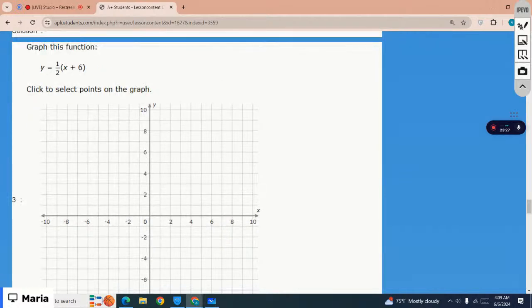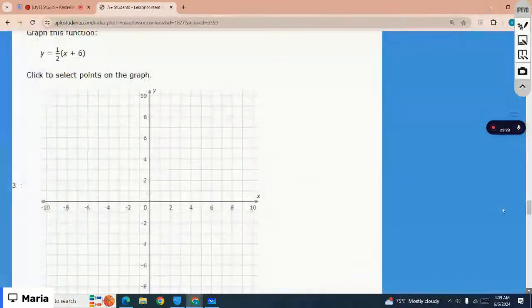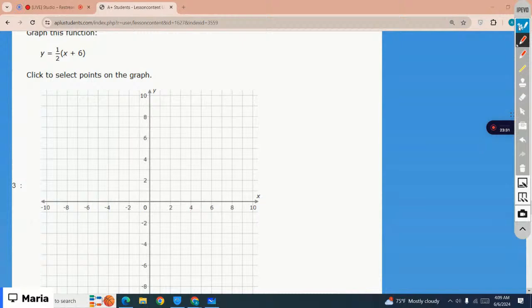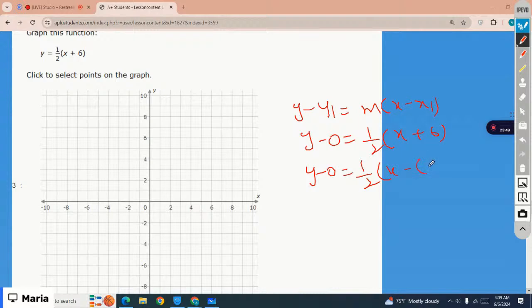The equation in point slope form is y minus y1 equals m times x minus x1, right? So y minus 0 equals 1 over 2 times x plus 6, right? And here the point is -6 and 0.